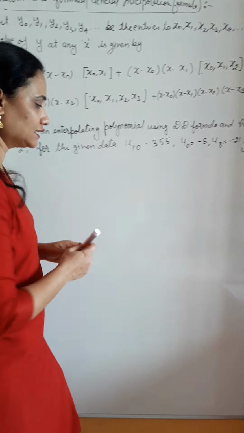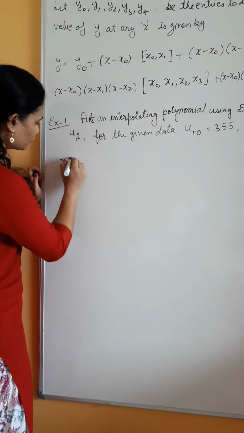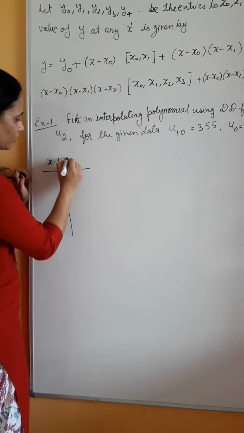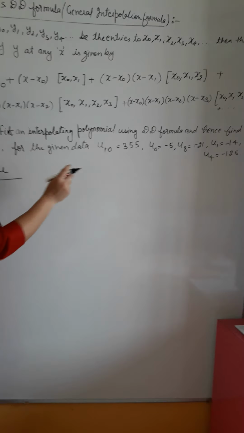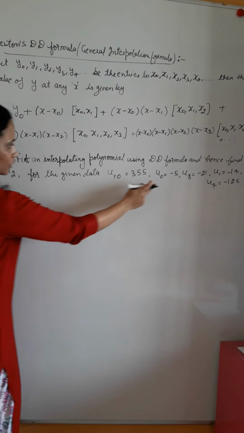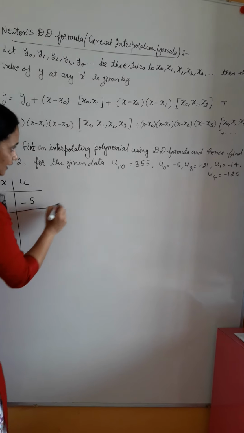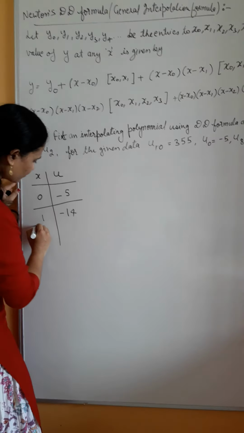Let's construct the divided difference table first. First we write the values of x and y. Instead of y, what do we take here? u. x starts with 0. When x is 0, u is -5. When x is 1, u is -14.